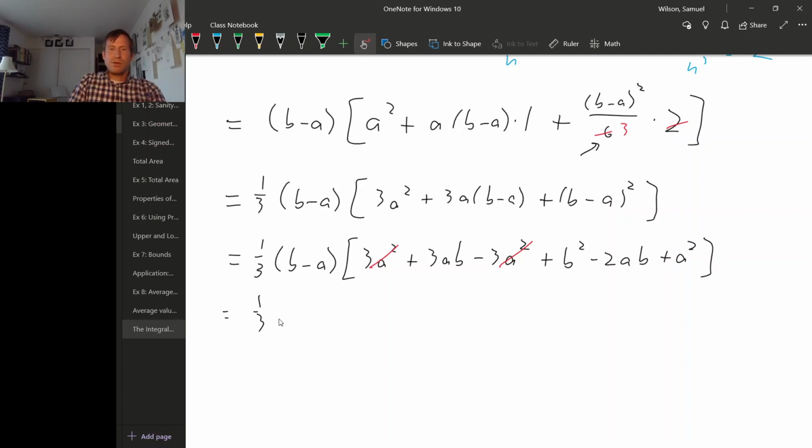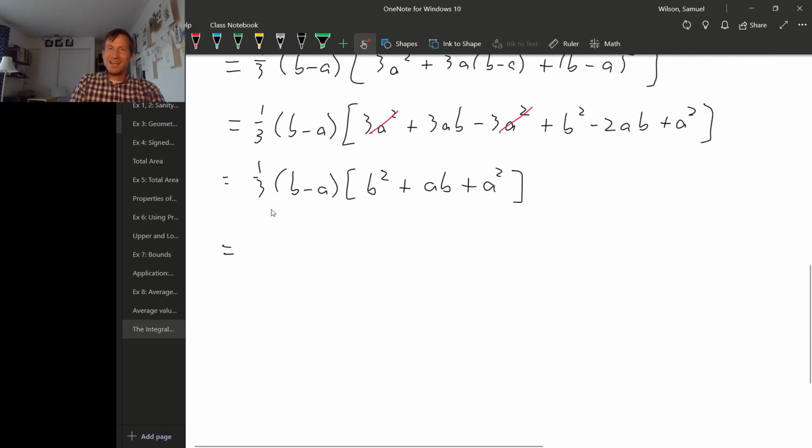Okay, so 1/3 times (b minus a). All right, so let's see, we have b squared, and combining the ab terms, we have plus ab, and then plus a squared.